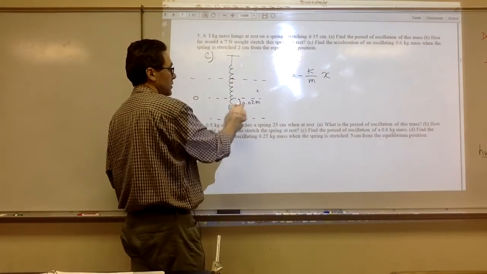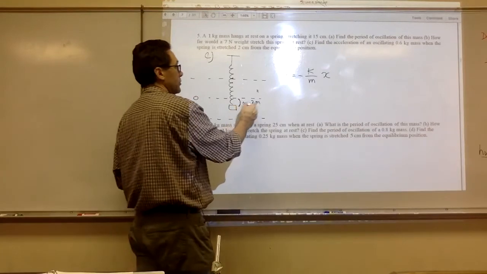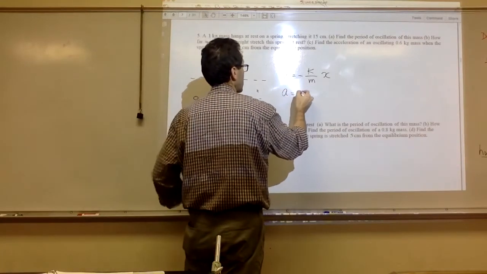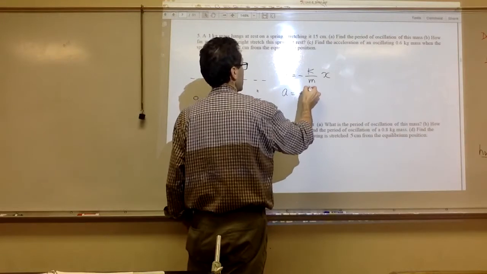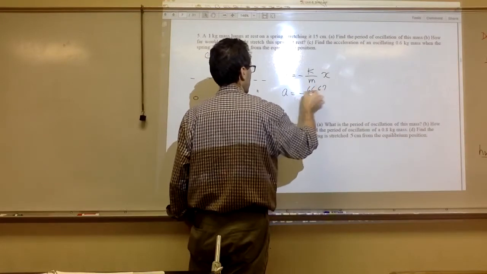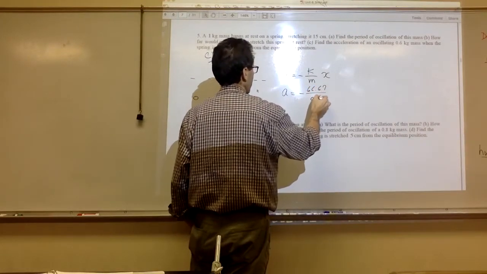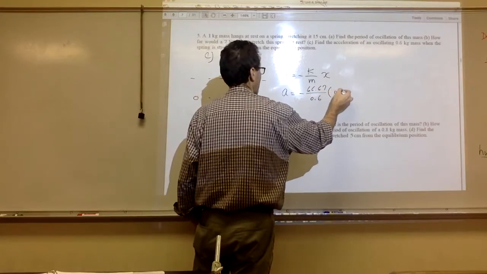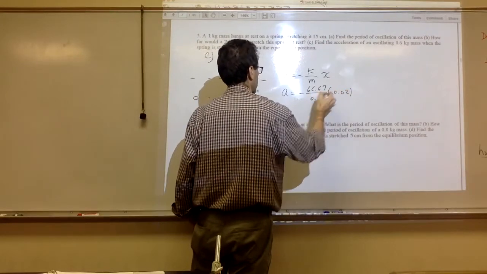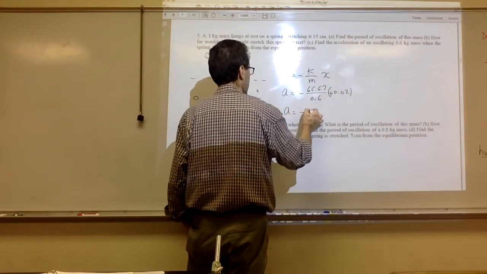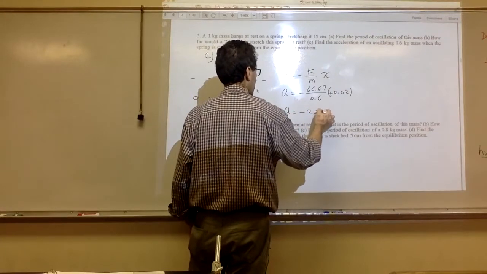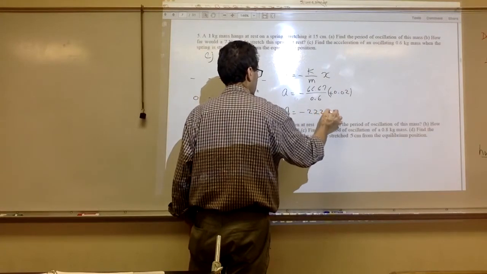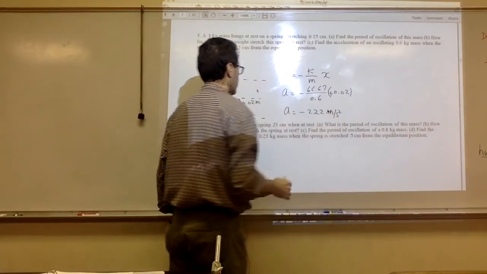This is your 0. So this is a positive 0.02 equals negative K, which is 66.67 found earlier. The mass is different, and that's a positive 0.02. And if you do the math here, you get negative 2.22 meters per second squared.